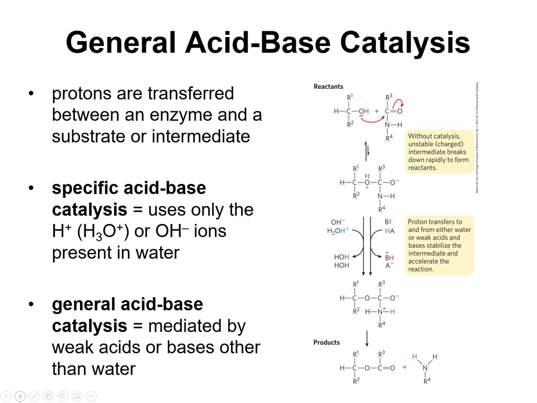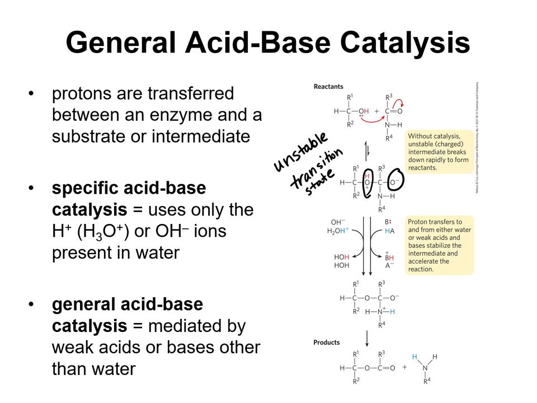Without a catalyst, the intermediate would be really unstable, because you've got this positive charge here transiently, and you've also got this negative charge here. So this is the transition state, and it is highly unstable. Trying to carry two charges in one molecule? Are you crazy?